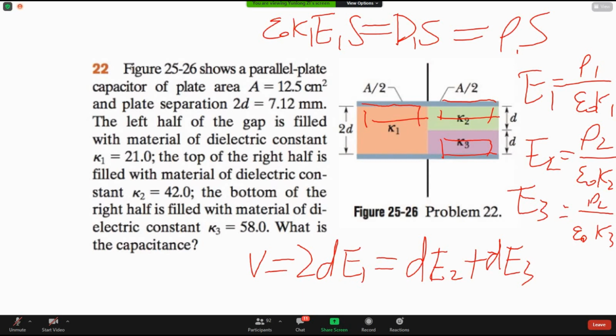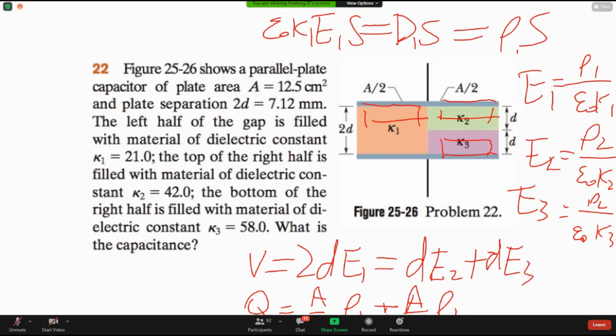And then the total Q equals A over 2 sigma 1 plus A over 2 sigma 2, so you can calculate the total charge.